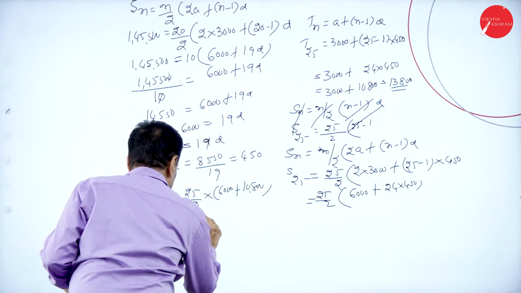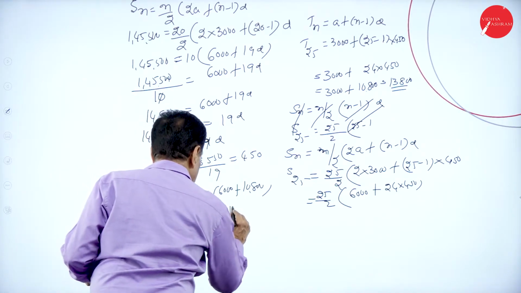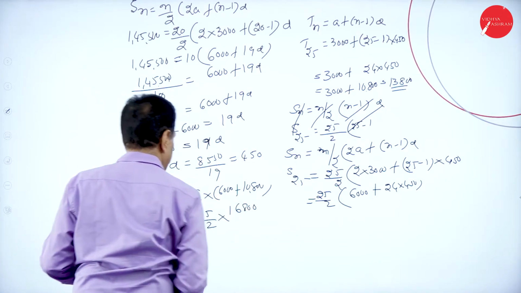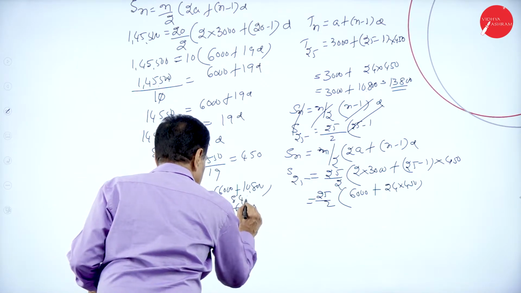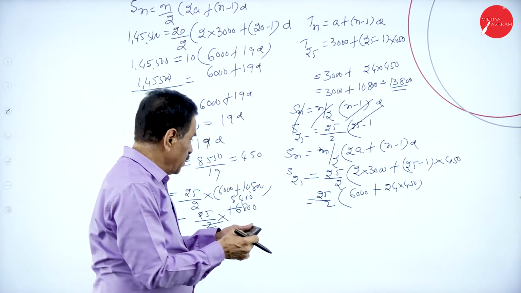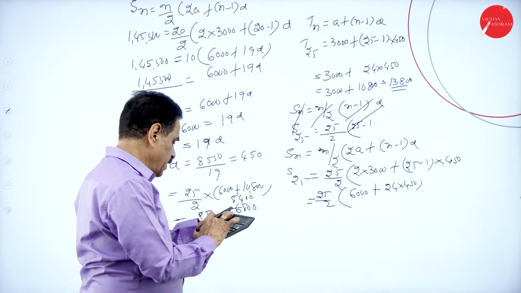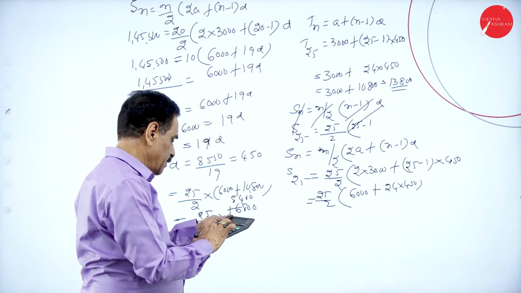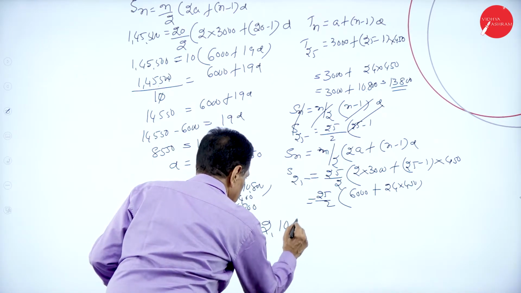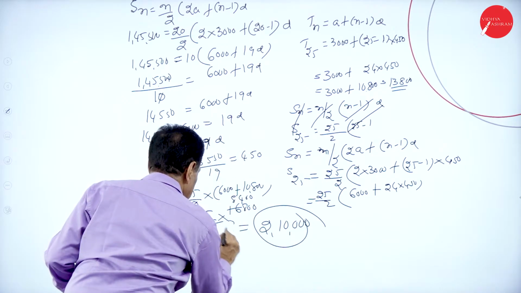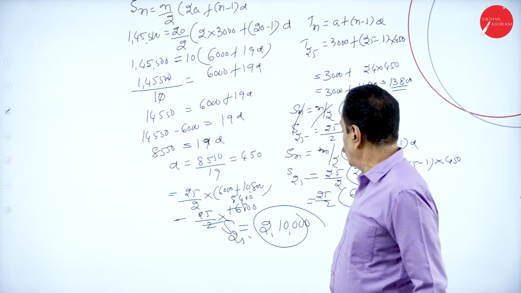This is 25 divided by 2 into 16,800. So 2 8s are 16. So 25 into 8,400 is 2,10,000. This is S25. Summation of 25 years is 2,10,000.